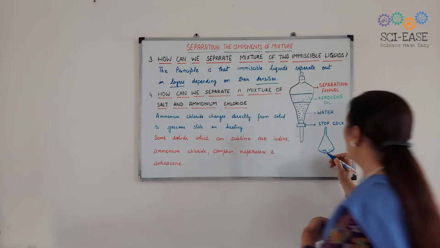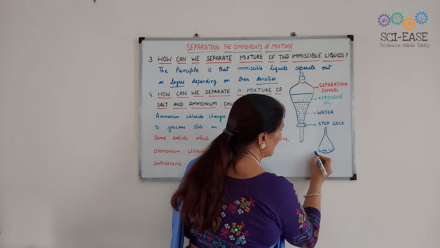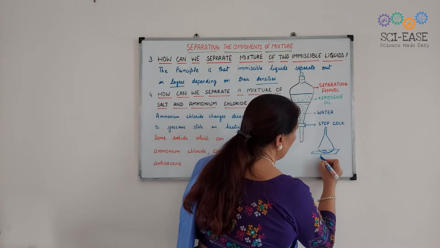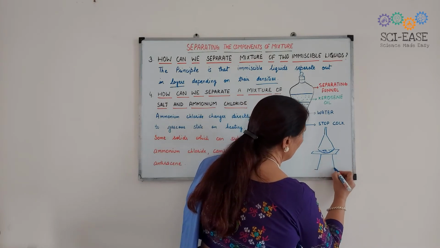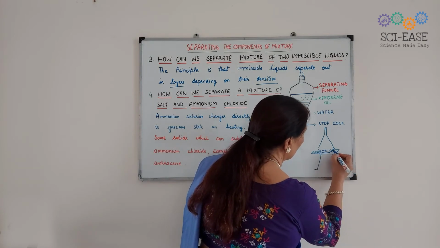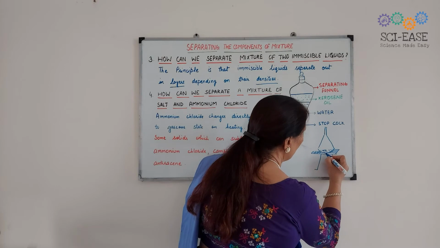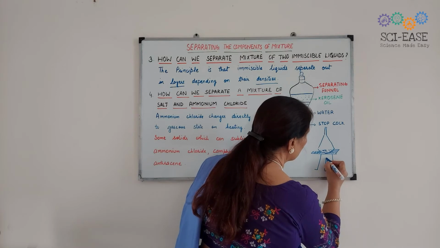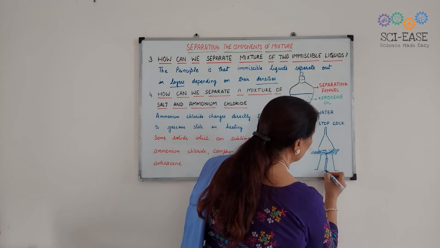Okay. Now heat it. This is a wire gauze, suppose. This is wire gauze and this is a tripod stand. We are heating this china dish from below. Here there is a burner or a spirit lamp, whatever is available in the lab, you can use it.